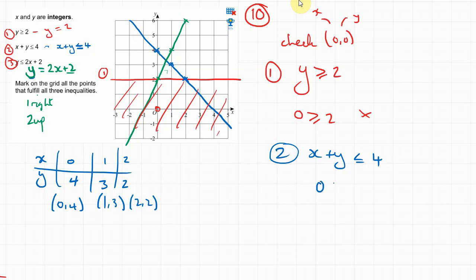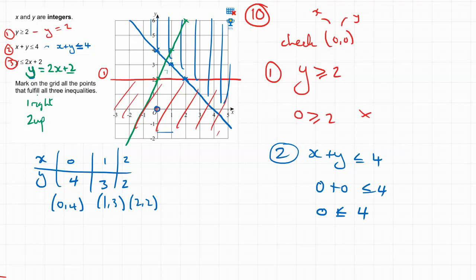So x is 0, y is 0. So is 0 less than or equal to 4? And remember, this point is still here. Yes. So I'm going to shade the wrong side. The wrong side would be the other side. This side works down here because the 0, 0, what I checked, is in this side. So the opposite side is what's wrong.